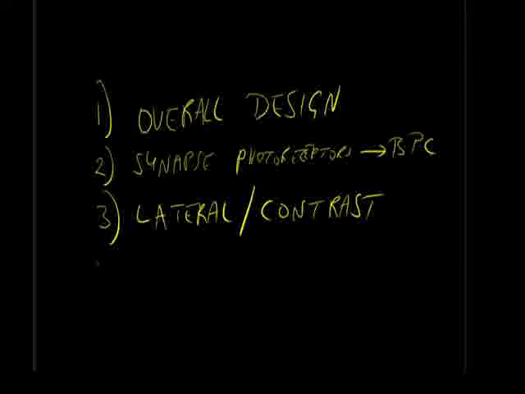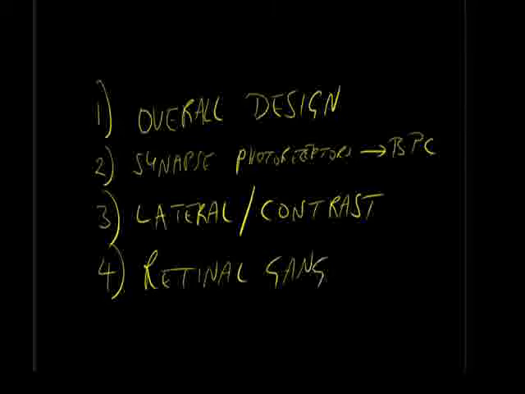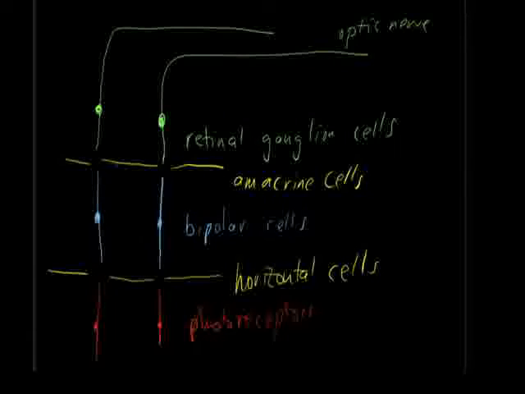The next topic we need to look at is the retinal ganglion cells. We've looked at the bipolar cells, and you've done photoreceptors before, so now let's look at the retinal ganglion cells.